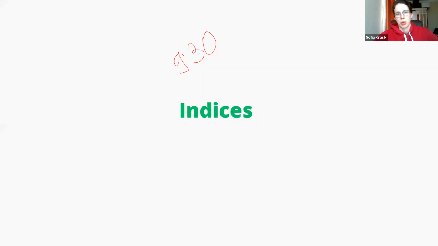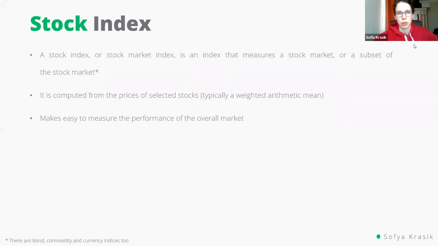So, indices. What are indices? Stock indices. There are not only stock indices, there are other indices as well. And what is a stock index? A stock index is usually called a market index, or an industrial index or sector index. It measures a stock market or some sector, or it represents several companies on the market. It is usually computed from the price of selected stocks.